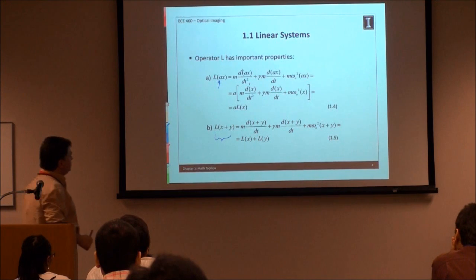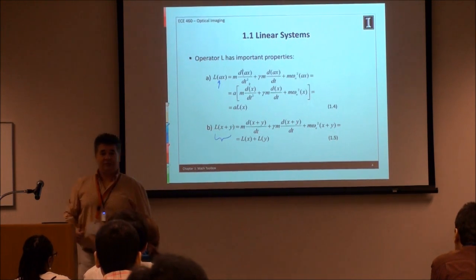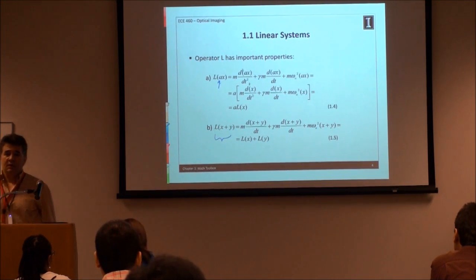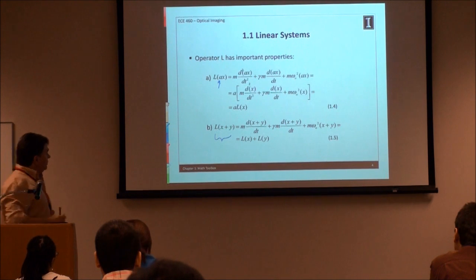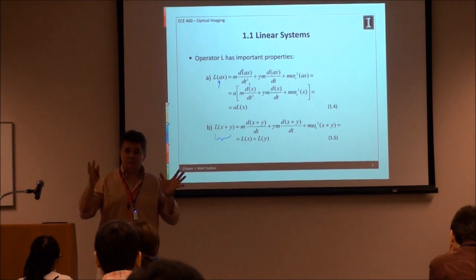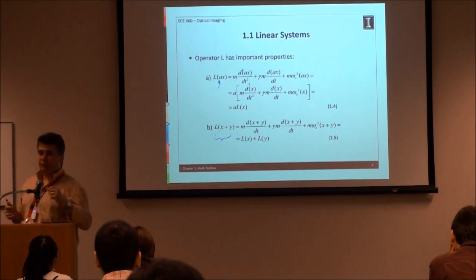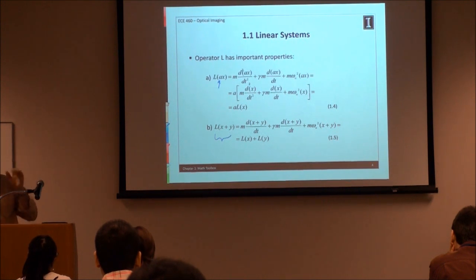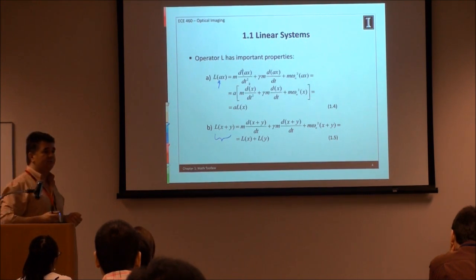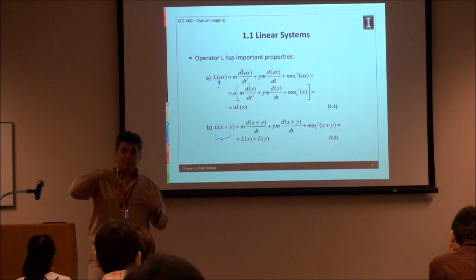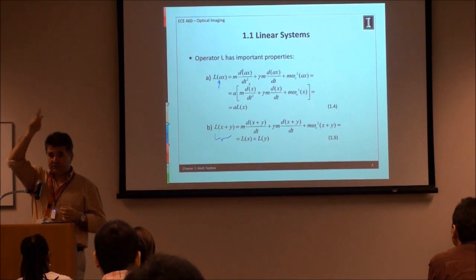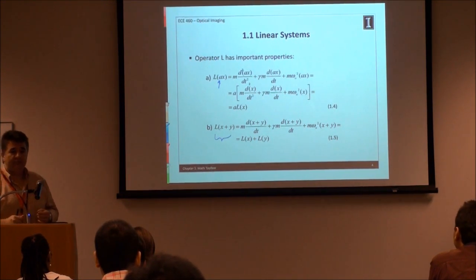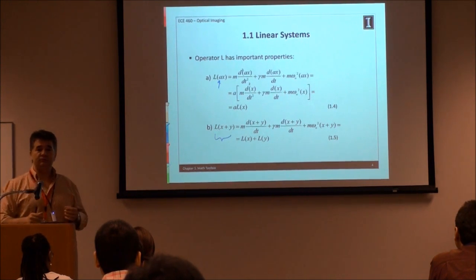So now you may wonder, what does this have to do with optics, with anything, with a mass on a spring? I know most of you know this, but basically it allows us to solve a complicated problem by breaking it down into smaller pieces. So, for instance, I can have a certain force applied to the mass on a spring, and then I have another force, F2.